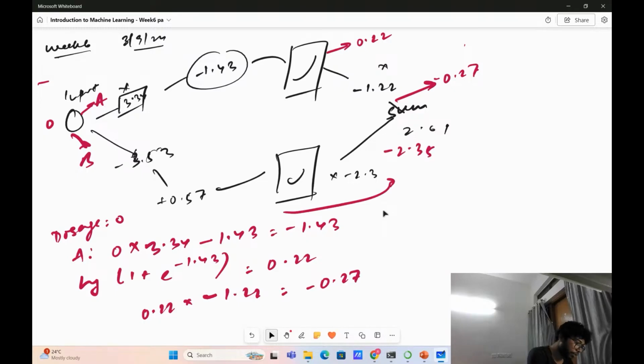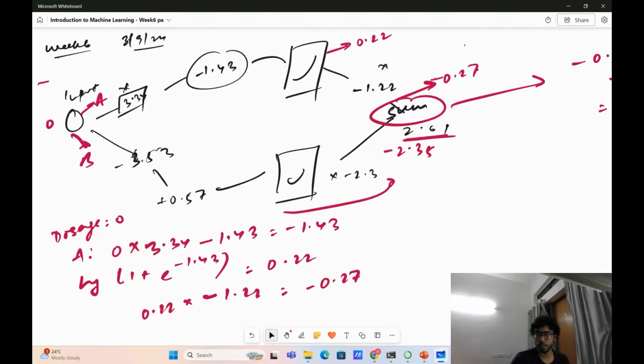Now you sum these two: minus 0.27 minus 2.35, and then you have another sum, which is plus 2.61. If you calculate this, it comes out to a value very close to 0.01. So this is your output.